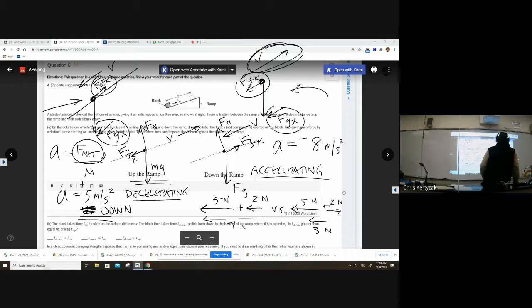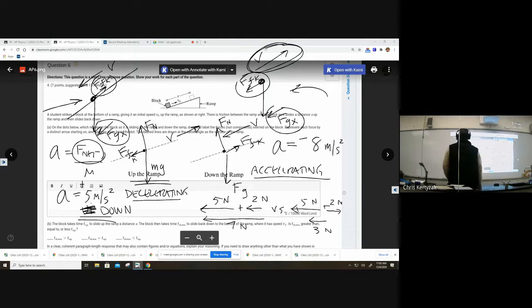It'll slow down, but at a fast rate. When it's coming back down the ramp, which I've modeled on the left side of this page, those forces are not in the same direction. Coming down the ramp, Fk is up and Fgx is down. They won't combine to produce as much net force, and therefore the acceleration rate will be a little less in magnitude than the deceleration rate was.